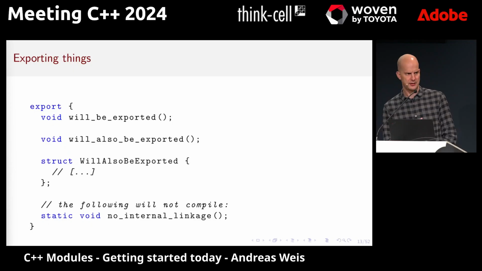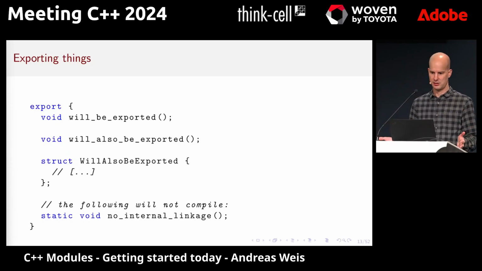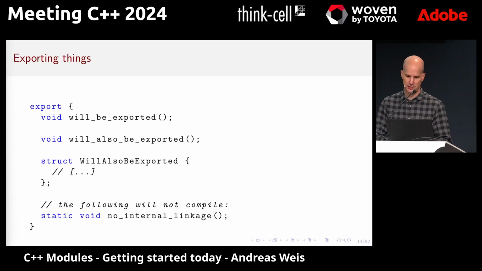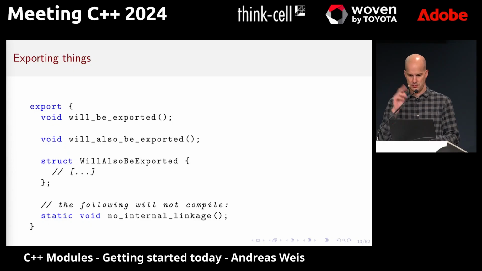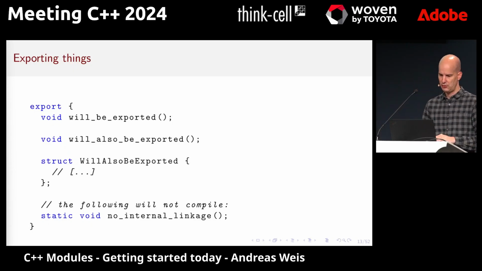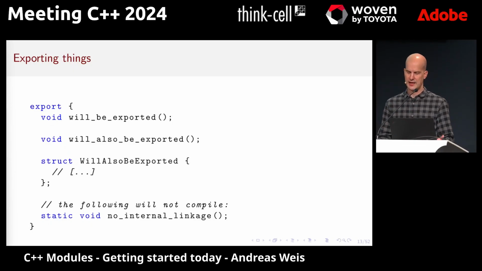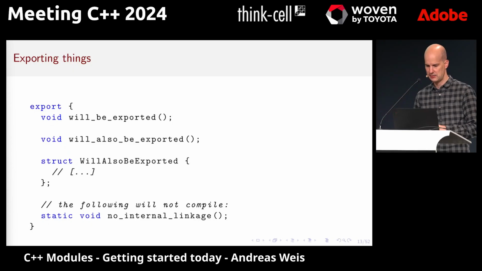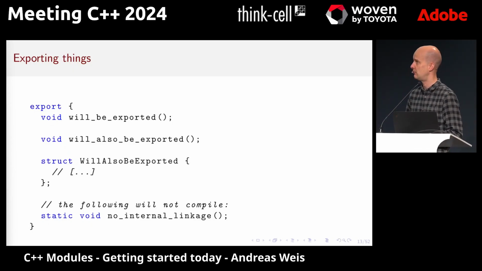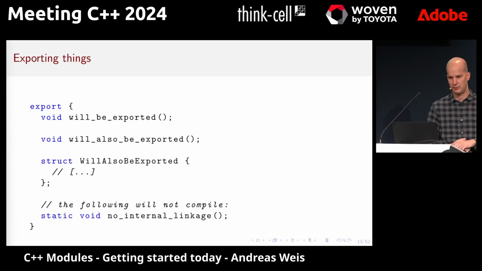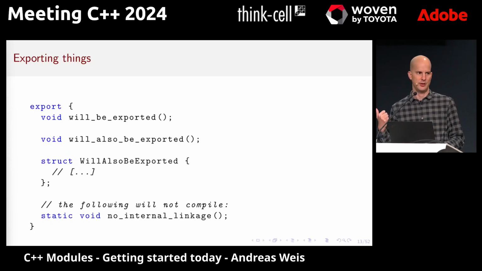Then another shorthand similar to what we had with the namespaces, we can also introduce these export blocks, where again, everything that is in the block will get exported. One thing to look out for here is if I put something in the block that actually cannot be exported, like in this case, it's a static function which has internal linkage, so it cannot be exported from a module, I will get a compiler error.